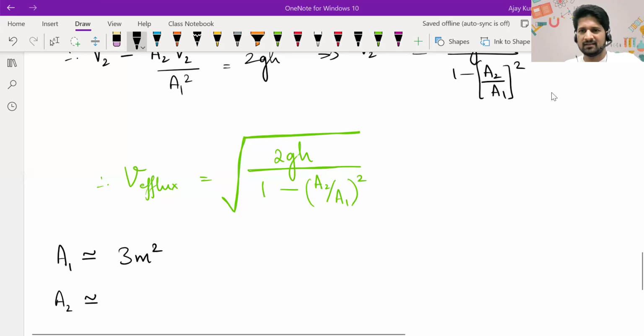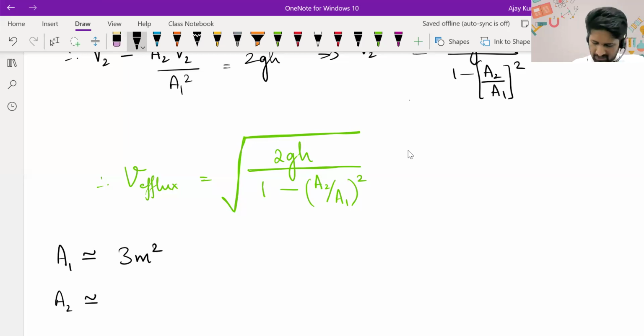Sir, 10 square centimeters, you are saying. Okay, 10 is like around 3 into 3 or 3.1 into 3.2. Fine, it won't be that broad also. I would say 1 or 2 centimeter square, not more than that. Fine, let it be 10 centimeter square.